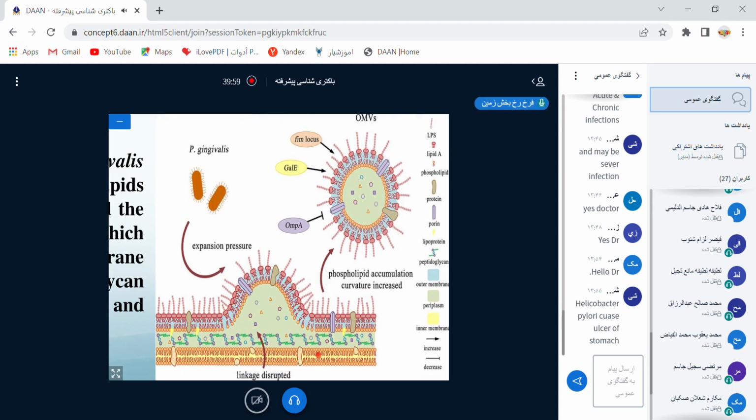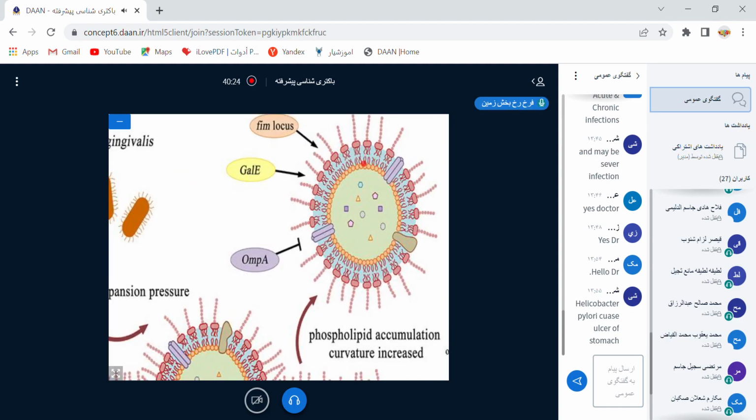It is the outer membrane. In some places, the outer portion of the outer membrane has some invagination to the outside, producing vesicles which contain many toxins and enzymes. What is this?